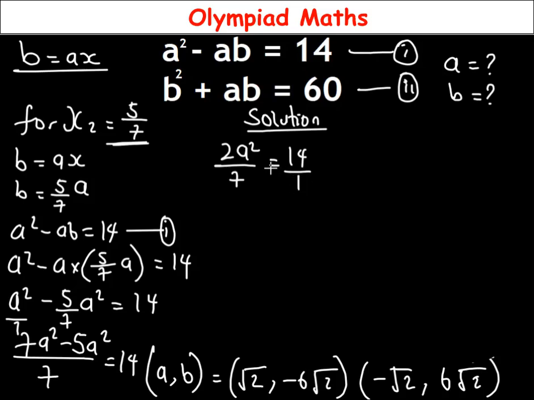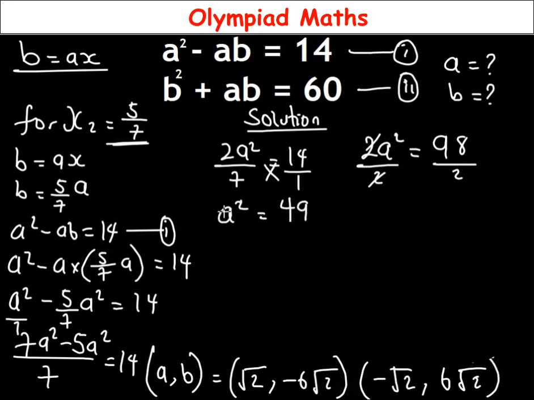So over 1, then cross multiplying shows that 2a squared times 1 is equal to 2a squared, which is equal to 7 times 14, which is 98. So to solve for a squared, 2 divided by 2, what you have is a squared is equal to 98 over 2, which is 49.